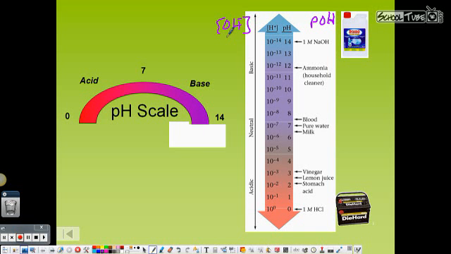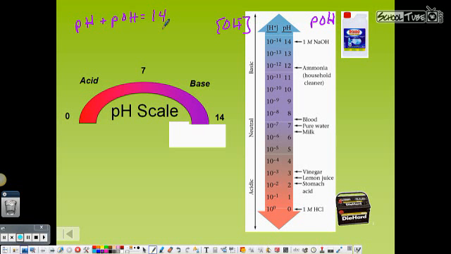concentration over here. If the pH is 14, what do you think the POH is going to be? We have a formula that says pH plus POH equals 14. So if the pH is 14, it's going to be 0, because 0 plus 14 gives me 14, right?